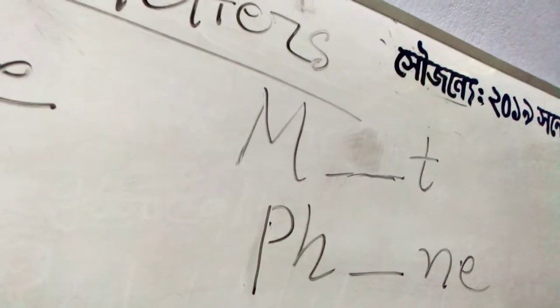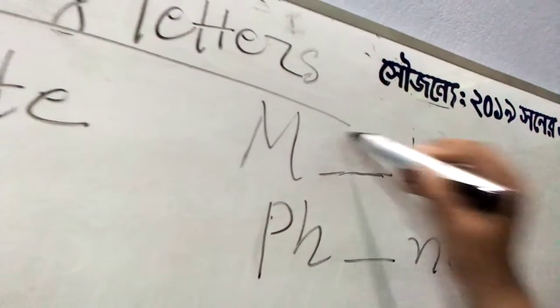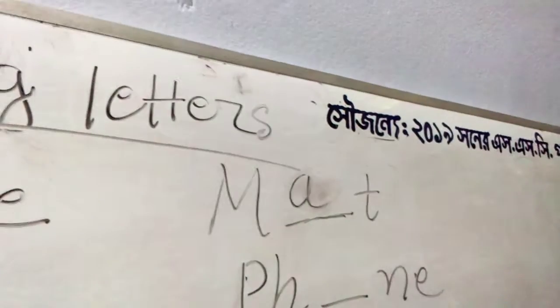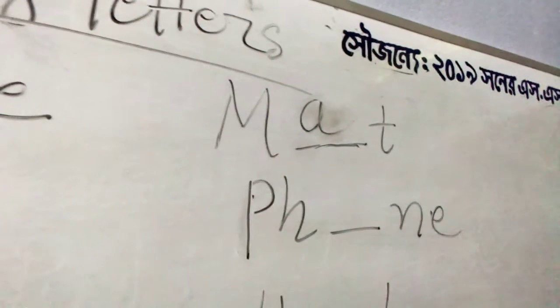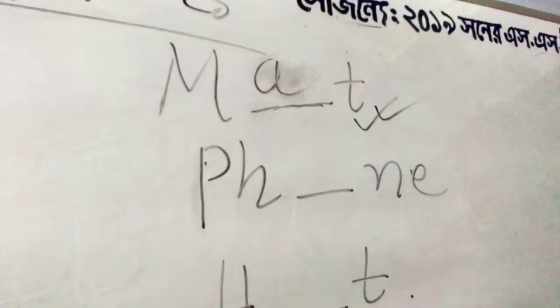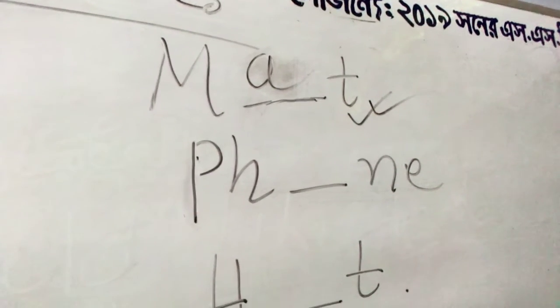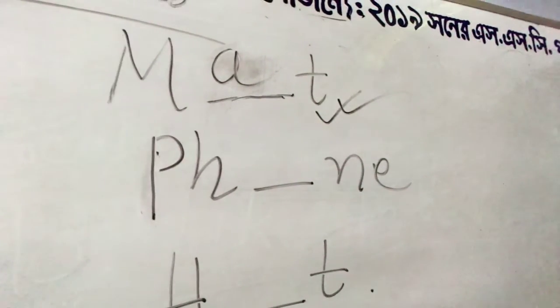But if I put U, no, it also doesn't make any sense. But if I put A, see, mat. It becomes mat that we use for our floor. We have learned this word in our EFT book. Remember, mat.